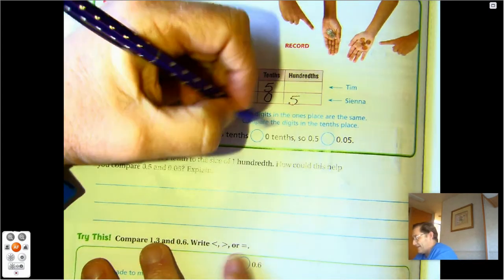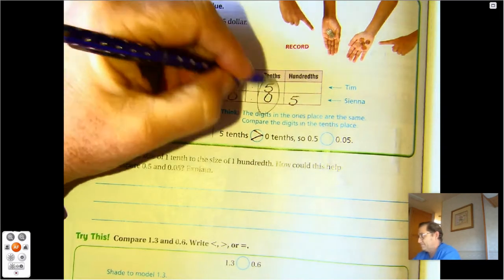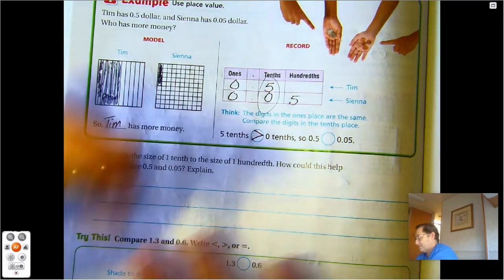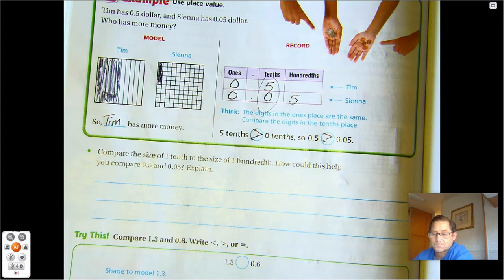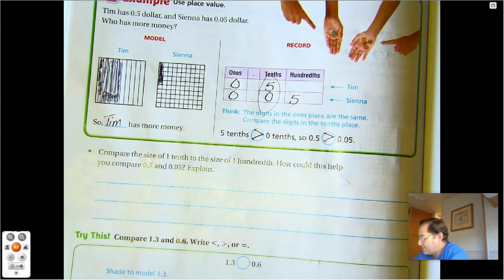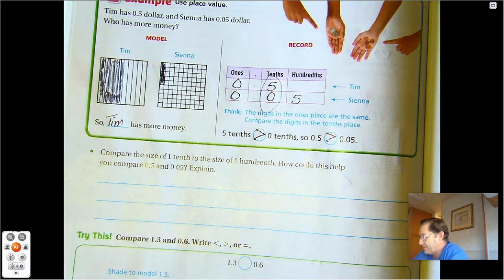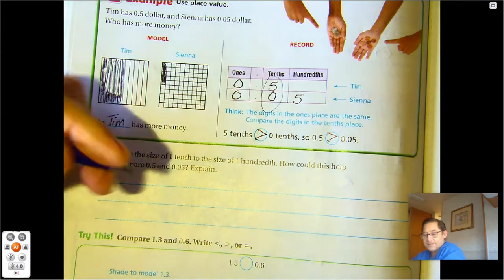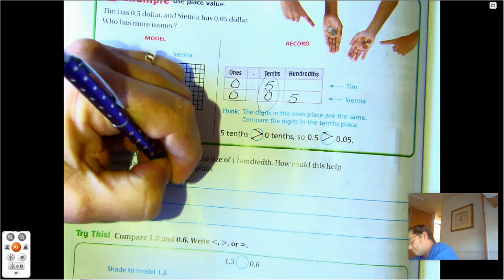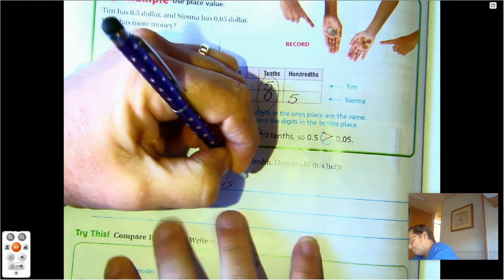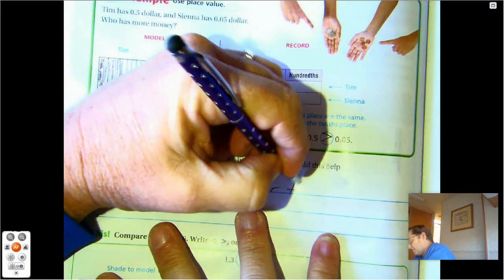Okay, so 5/10 is greater than 0/10. Right? 5/10 is greater than 0/10. So 5/10 is greater than 5/100. Compare the size of 1/10 to the size of 1/100. How could this help you compare 5/10 and 5/100? Okay, so 1/10 of a whole is larger than 1/100 of a whole.